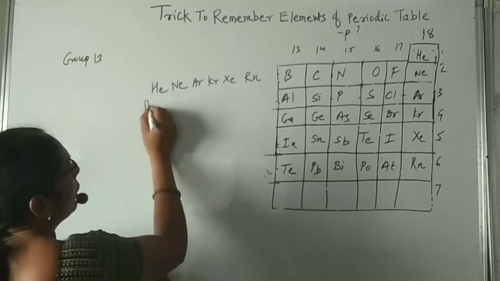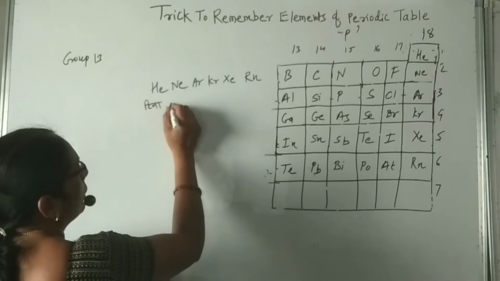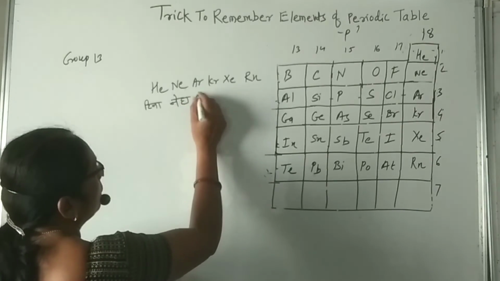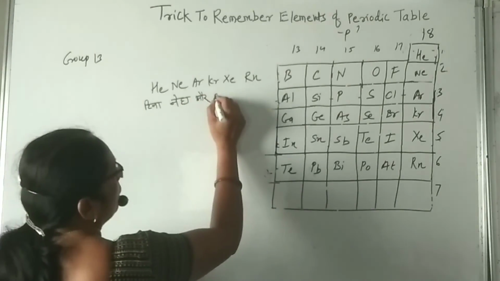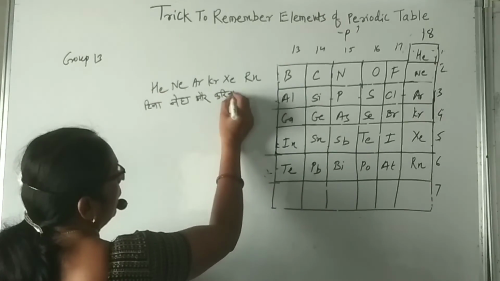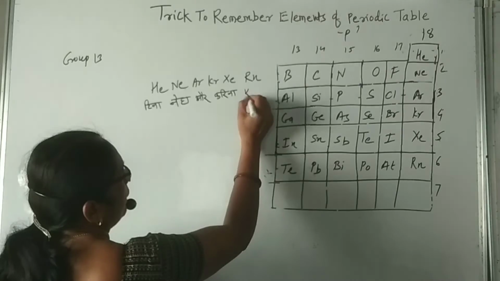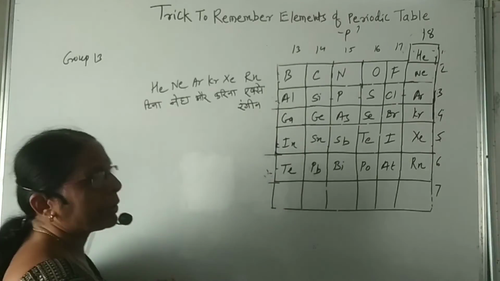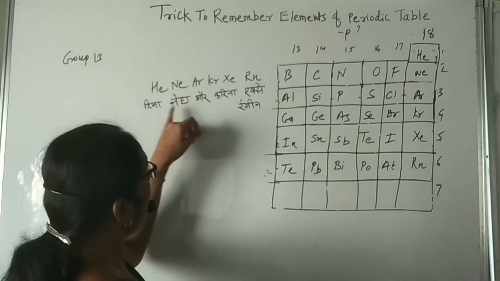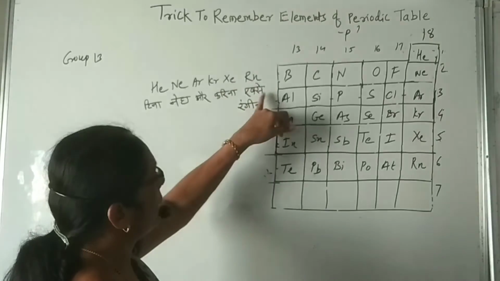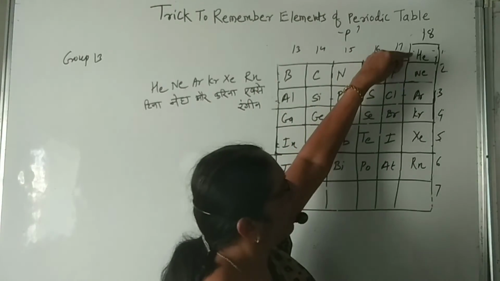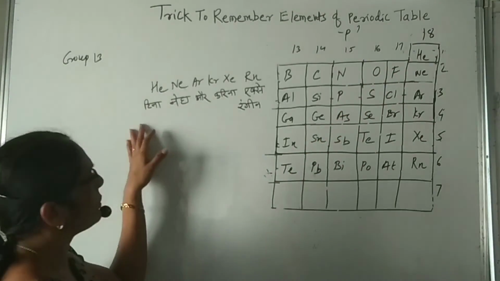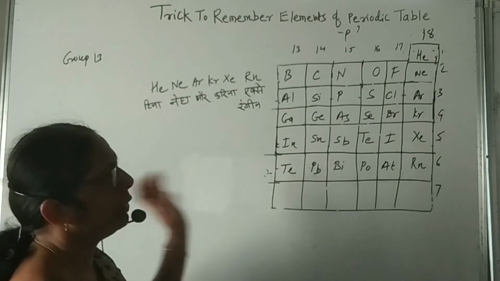So remember: helium, Hina; neon, Neha; Ar, aur; krypton, Kareena; Xe, ka X-ray; Rn, rangeen. Hina, Neha aur Kareena ka X-ray rangeen. If you remember this simple word, it's possible to remember the group 18 elements.